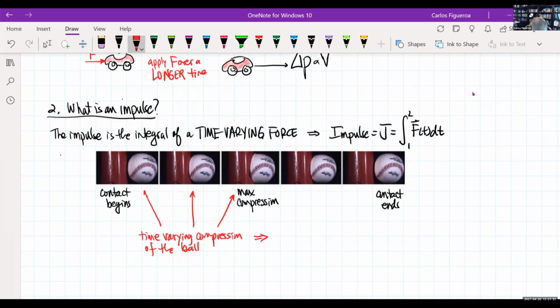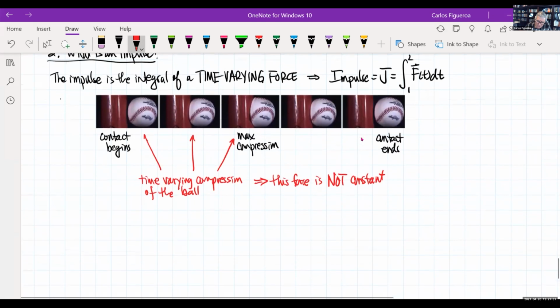In other words, this force is not constant. So the question is, how do we draw this?